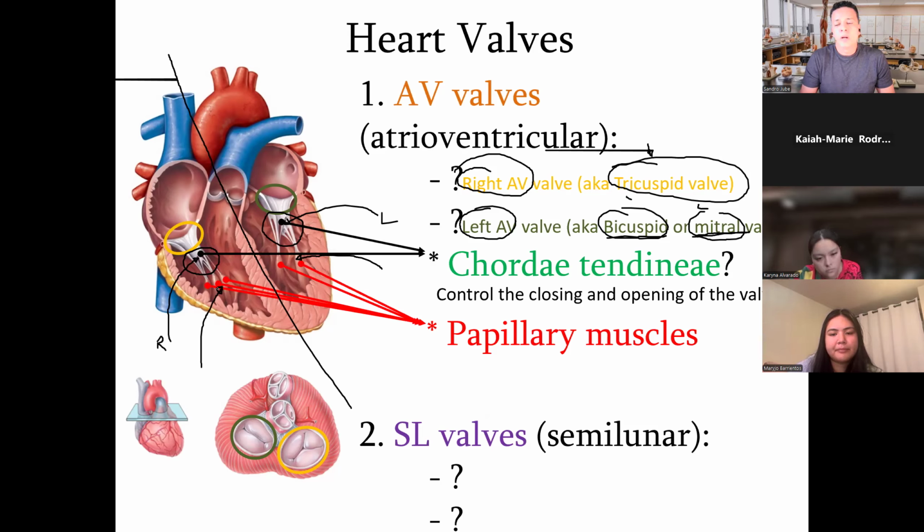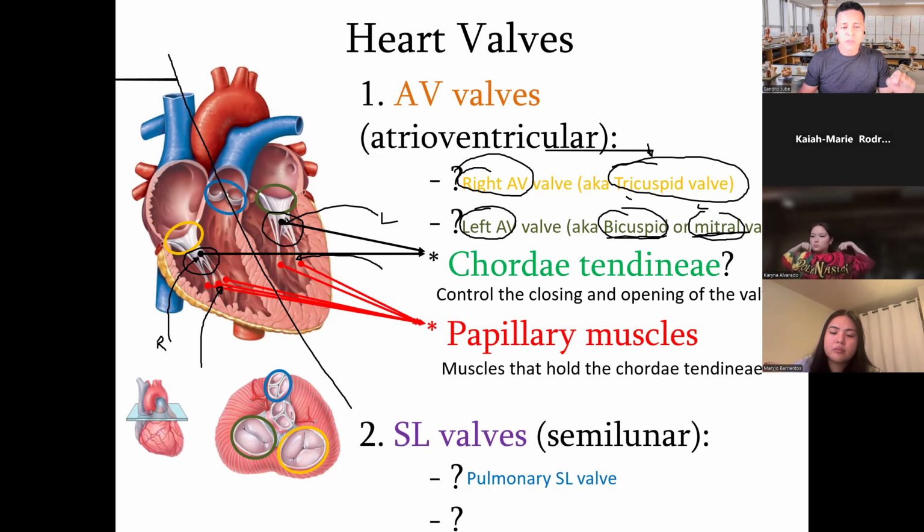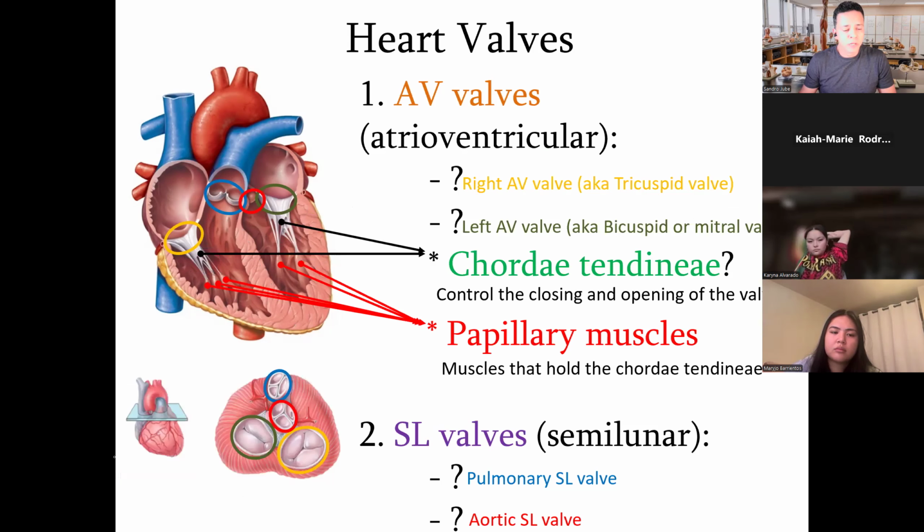Okay? Now, what about the SL valves, the semilunar valves? We have two different types. We do not have right and left SL valve. We have the pulmonary SL and we have the aortic SL. The pulmonary SL is going to separate the right ventricle from the pulmonary trunk.